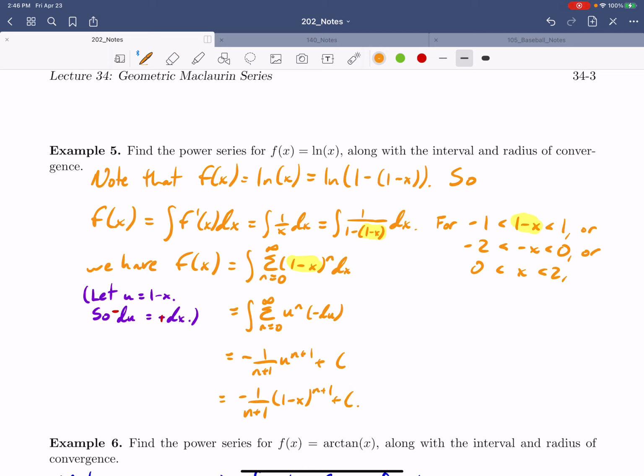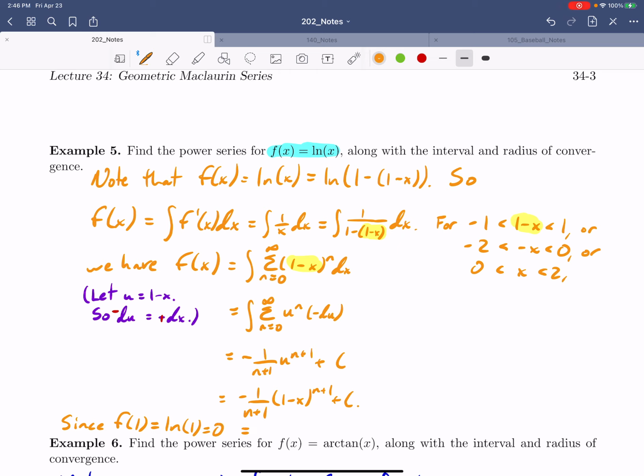All right. Now, I guess we have to be a little careful. Remember, we can solve for c in this case because we were given the original function. So because we were given this, we can potentially solve for c. Since f of 1 equals 0, do you see that f of 1 equals ln of 1, which equals 0.